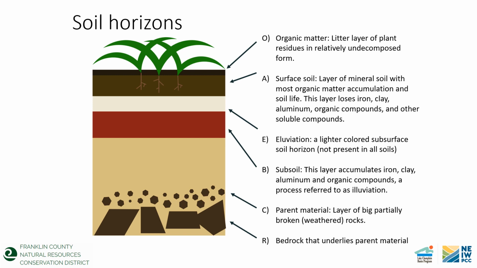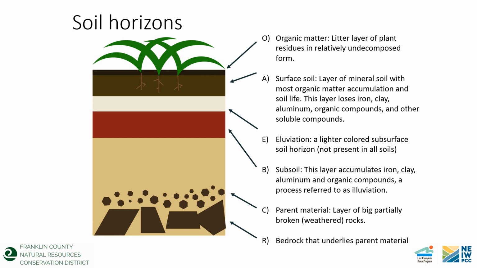Over time, this horizon can lose iron, clay, aluminum, and organic compounds due to eluviation. The E horizon, which is not present in all soils, is a horizon where clay minerals and other chemical compounds have been severely depleted through downward leaching. This horizon tends to be very lightly colored because of those leaching losses of the pigmented compounds.